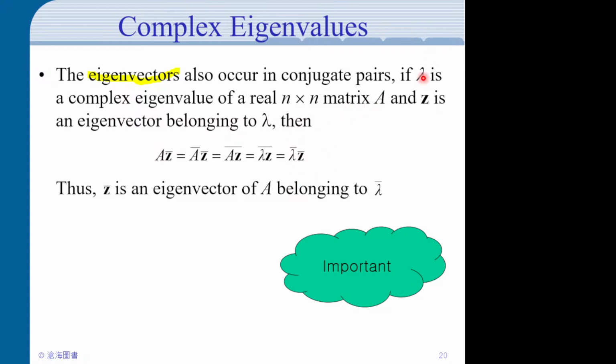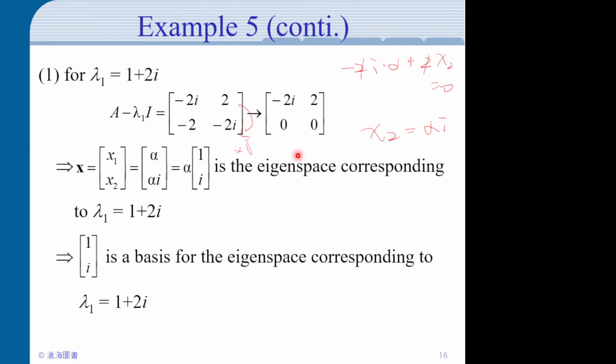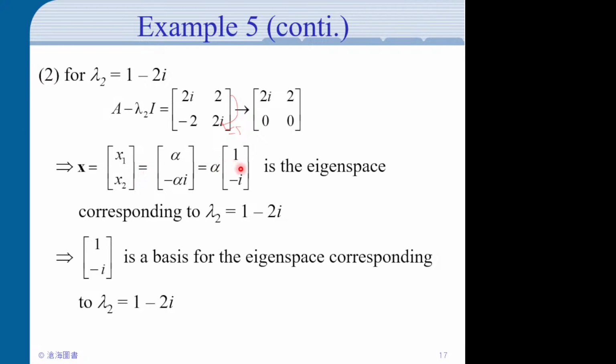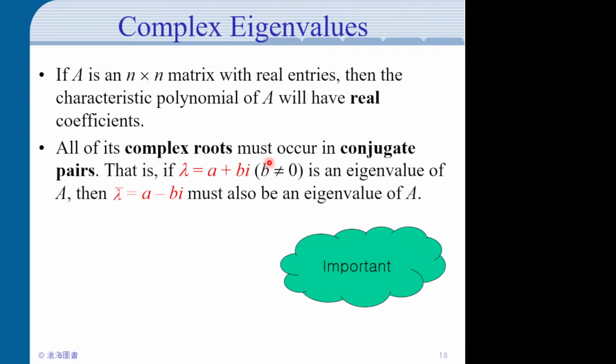You can find the complex eigenvalue and complex eigenvector, then you immediately know another complex eigenvalue and another complex eigenvector. Let's check again the example. That's correct: (1, i) is the eigenvector, and its complex conjugate is (1, minus i), so we see this works out.